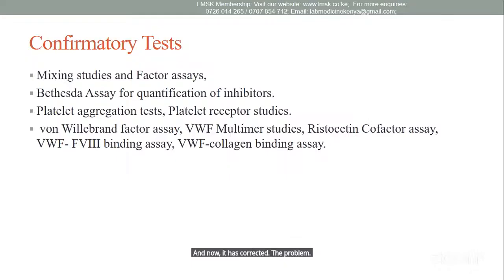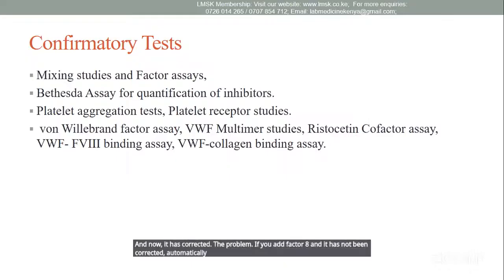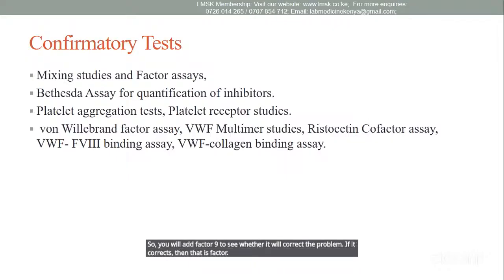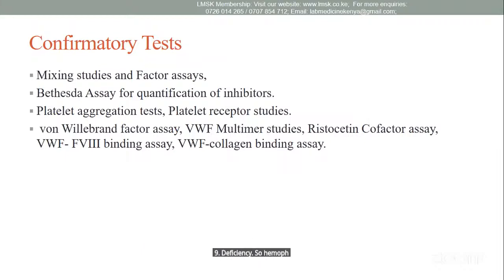If you add factor 8 and it has not been corrected, automatically you know it is not hemophilia A. So you will add factor 9 to see whether it will correct the problem. If it corrects, then that is factor 9 deficiency, so hemophilia B. And that is how mixing studies are done. Some people call it correction or factor assays.